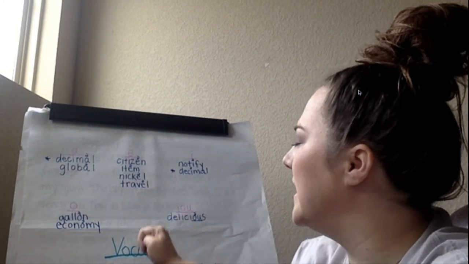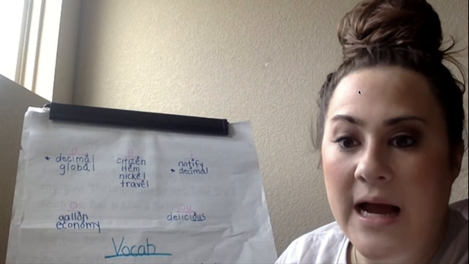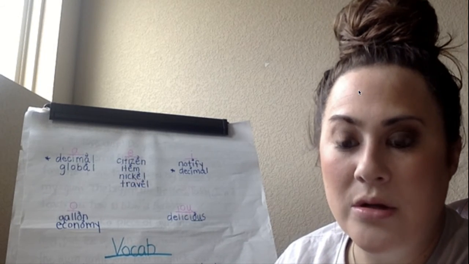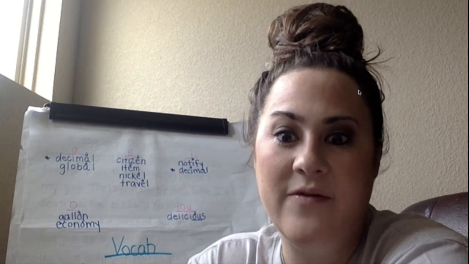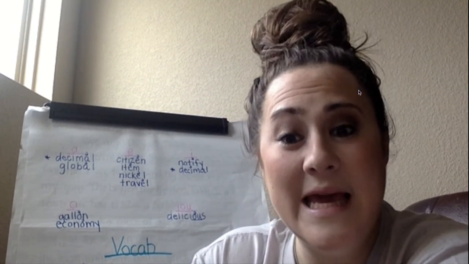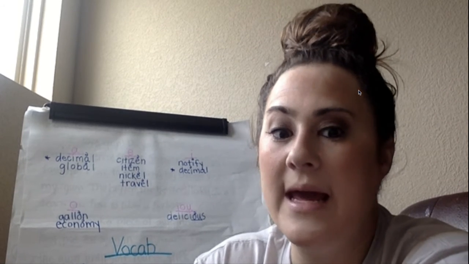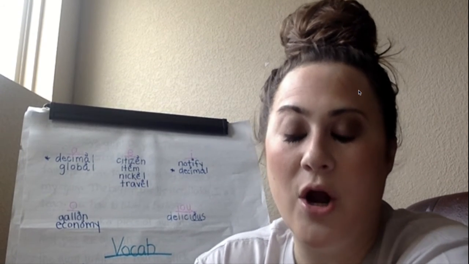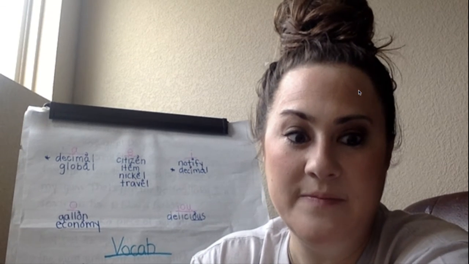Now let's look at our E's. I've got citizen, item, nickel, travel. All of those E's have the schwa sound. Remember, plug in the vowel sounds that you know first, okay? We have I for notify, and then we have already discussed decimal.